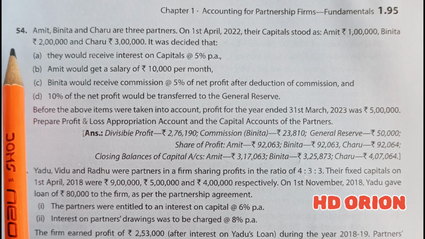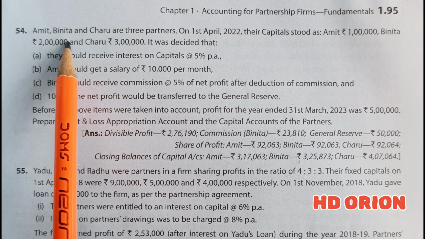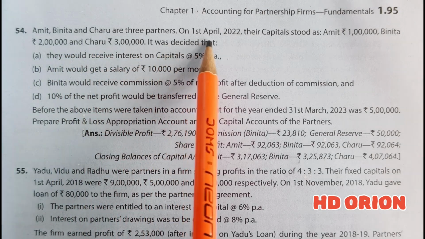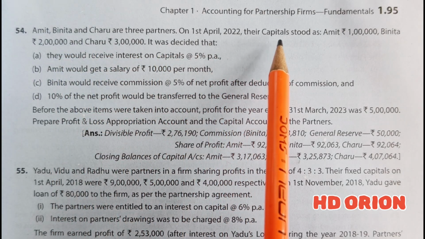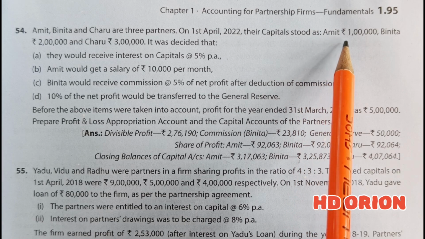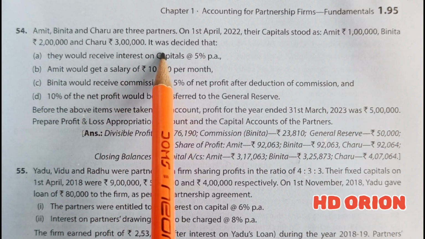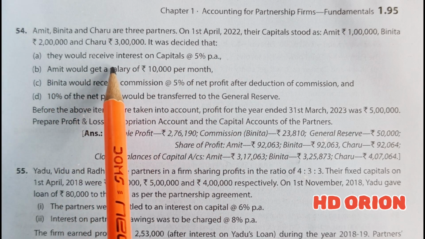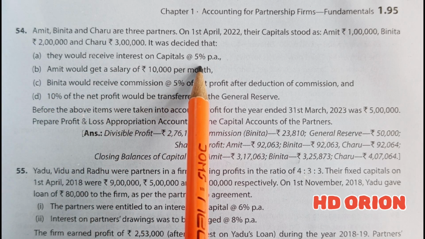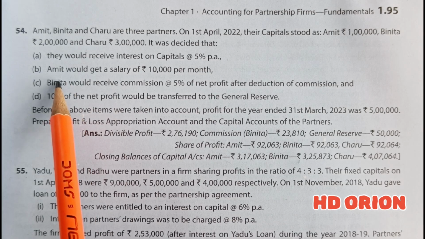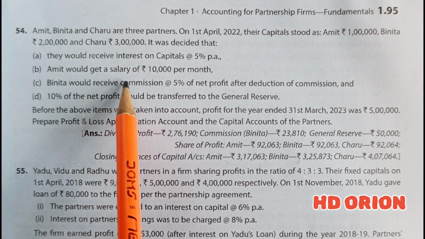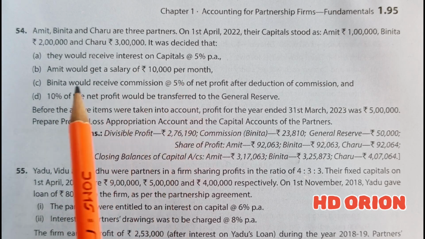Now question number 54. Amit, Binita and Charu are three partners. On 1st April 2022, their capitals stood as Amit rupees 1 lakh, Binita rupees 2 lakh and Charu rupees 3 lakh. It was decided that they would receive interest on capitals at the rate of 5% per annum. Amit would get a salary of rupees 10,000 per month.